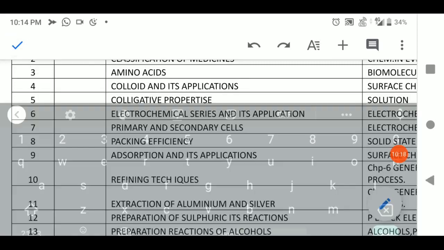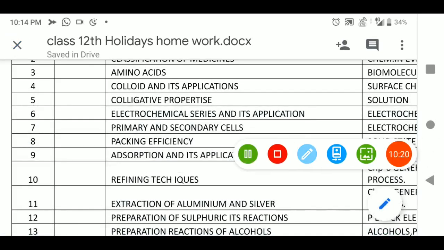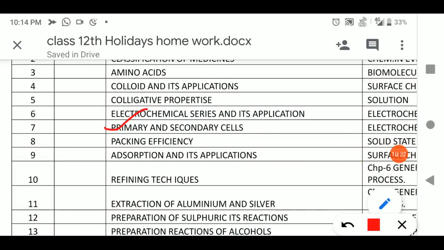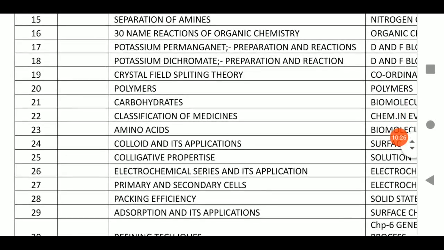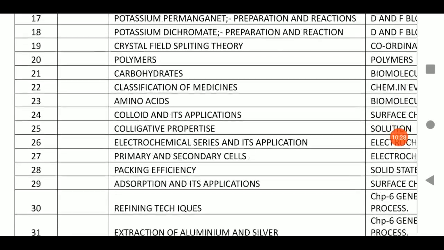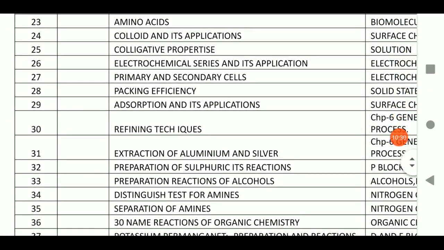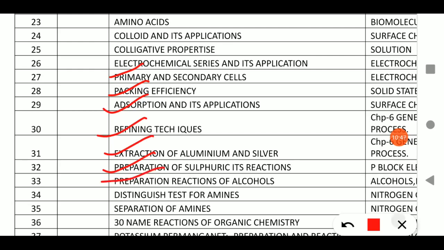Sorry, roll number 7 having primary and secondary cell. Similarly, roll number 27 will have the primary and secondary cell. 28 packing efficiency, 29 adsorption and its application, 30 refining, 31 extraction of aluminium, 32 preparation of sulfuric acid and its reaction, same 33, 34, 35.